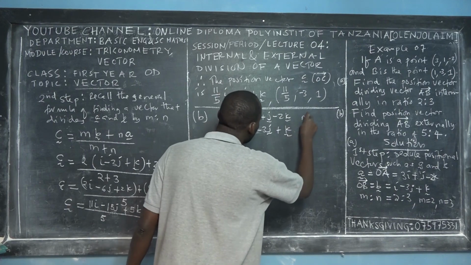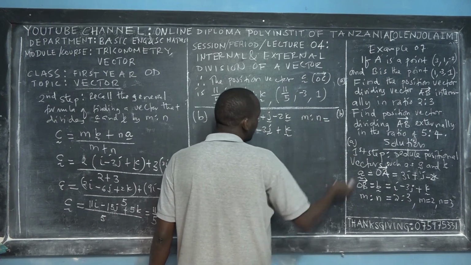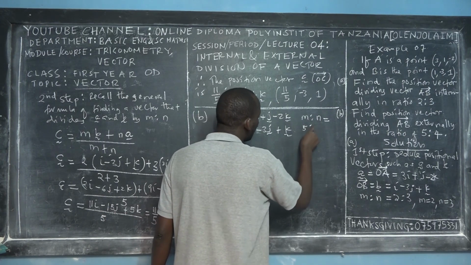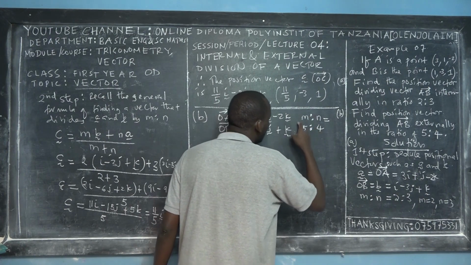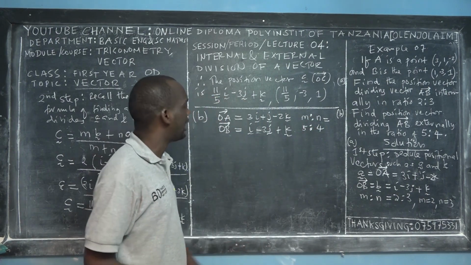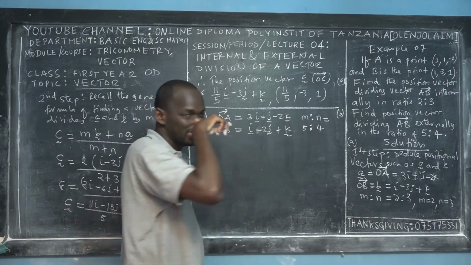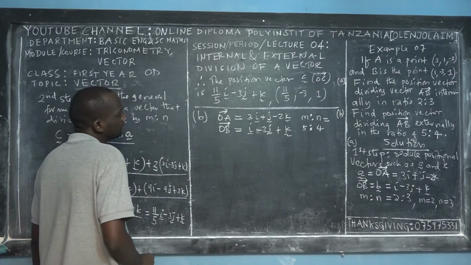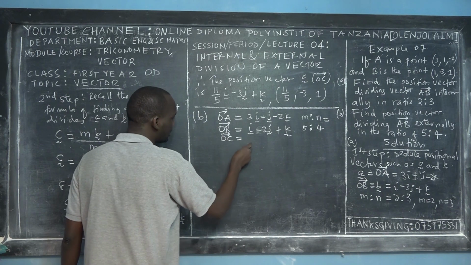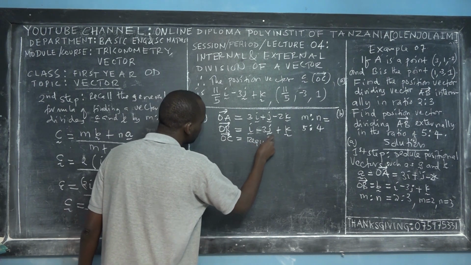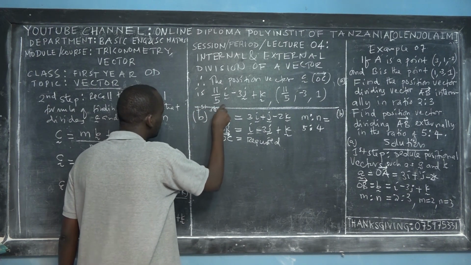But our ratio is always M ratio N. M starts and then next is N. So this is equal to 5 ratio 4. You should keep in your mind, even in alphabetical order, we say M, N, O. So the first value in the ratio is M, and the second value is N. Don't confuse, keep that in your mind. Then we are looking for vector OC, which is the positional vector. So this is what is required. This is the first step. Those are the data given.